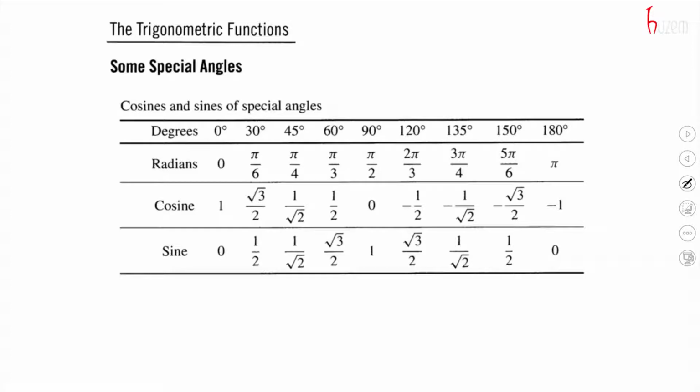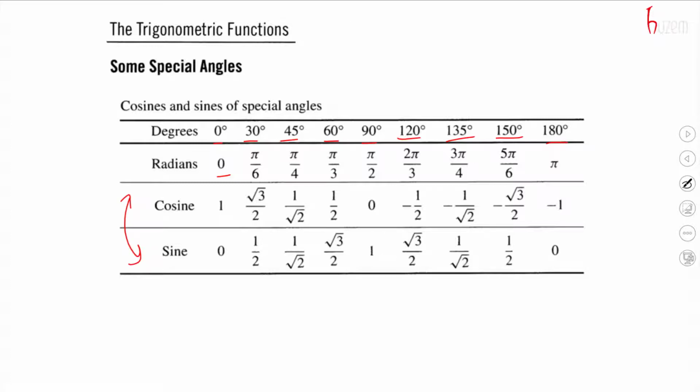Some special angles. For example, 0, 30 degrees, 45, 60, 90, 120, 135, 150, and 180 degrees are special angles. Their radian counterparts are 0 and pi sixth, pi fourth, and so on. Their cosine and sine values are given in the table.